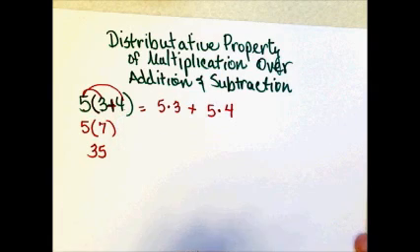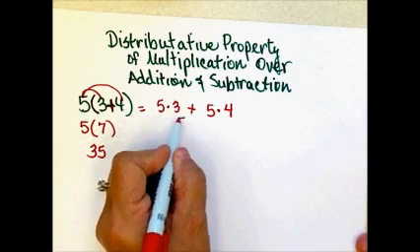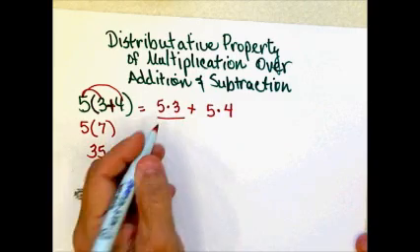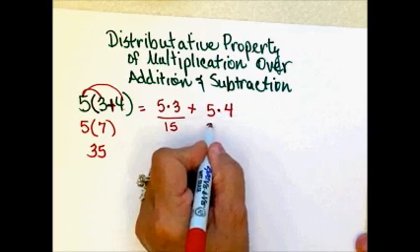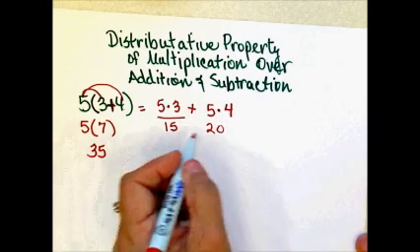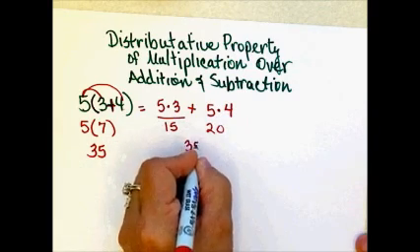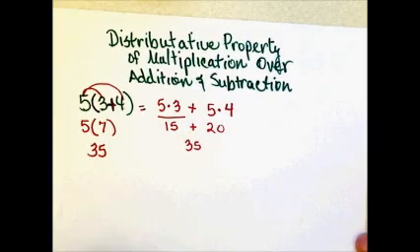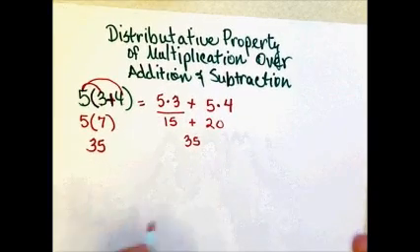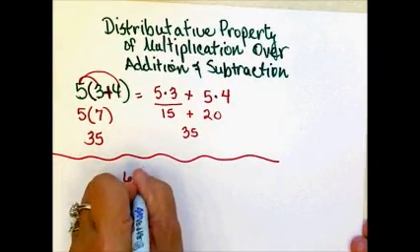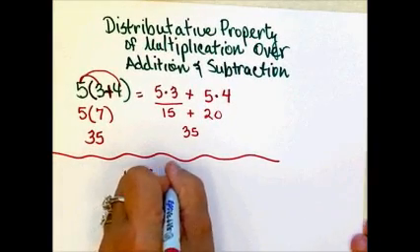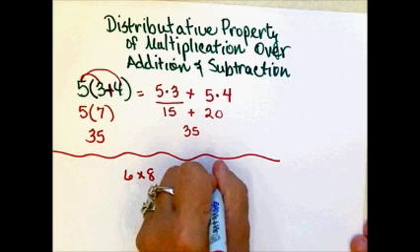Now, order of operations says that we multiply first. So 5 times 3 is 15. 5 times 4 is 20. And 15 plus 20 is 35. Okay? Now, likewise, if I looked at 6 times 8 plus 6 times 2, okay?